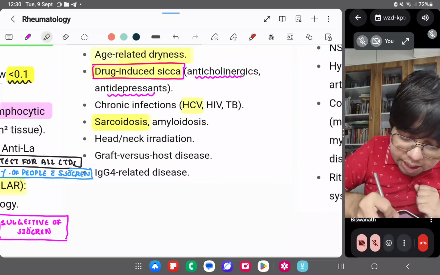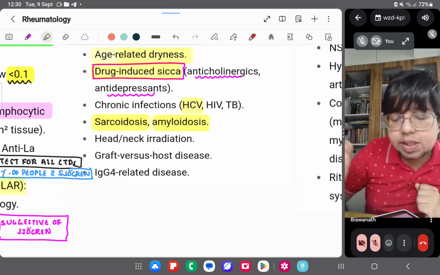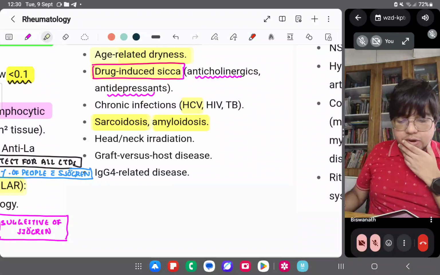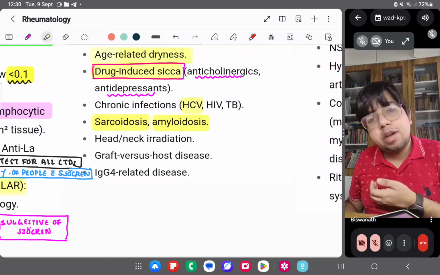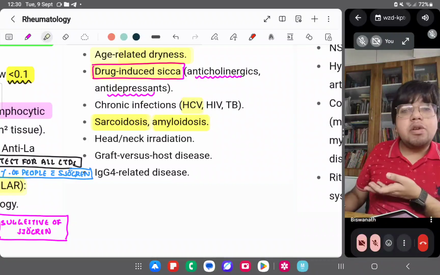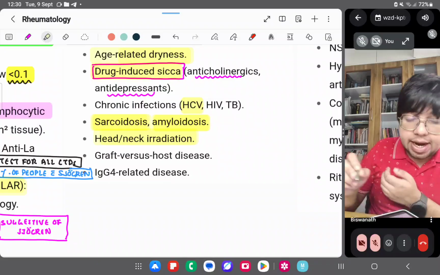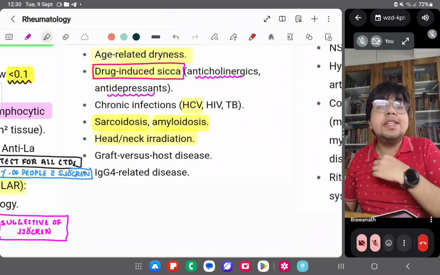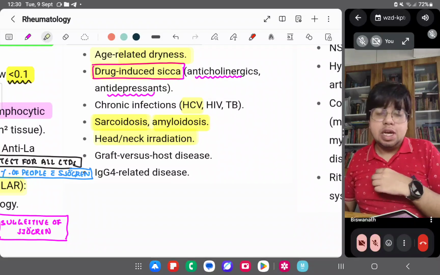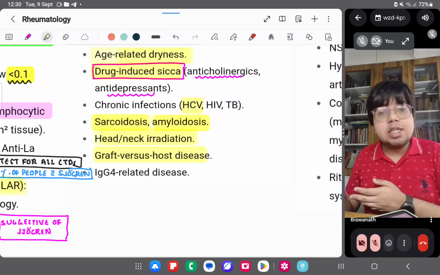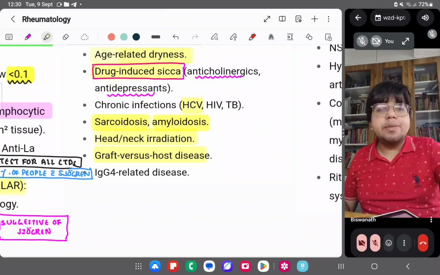You should rule out sarcoidosis, amyloidosis. So sarcoidosis and amyloidosis are such notorious fellows that we don't have a particular understanding on the basis of that, right? You have to rule out the sarcoidosis and amyloidosis also. Head and neck irradiation. This head and neck irradiation can cause the cells to dry and decrease in secretions. You have to rule out GVHD also, graft versus host reaction, right?